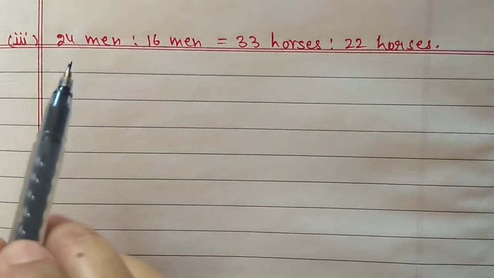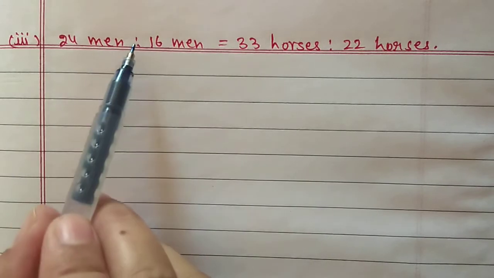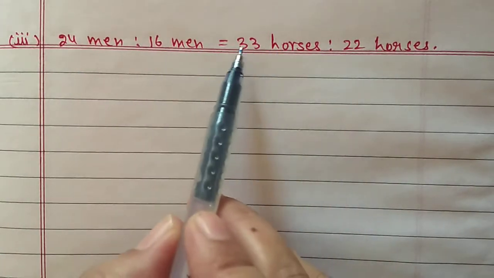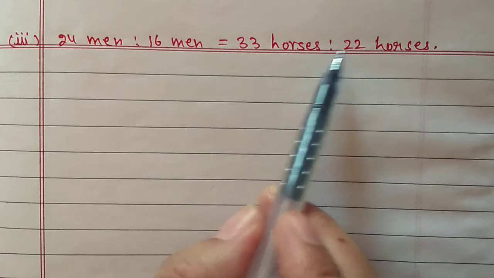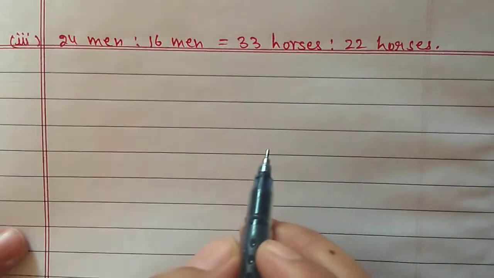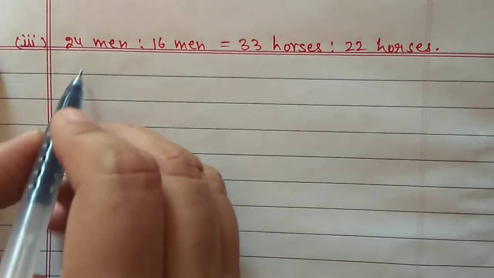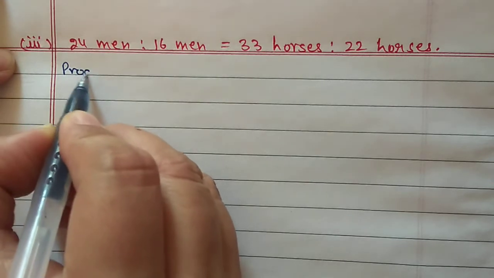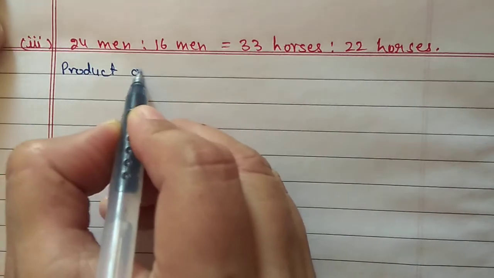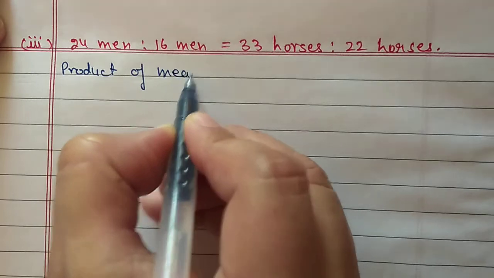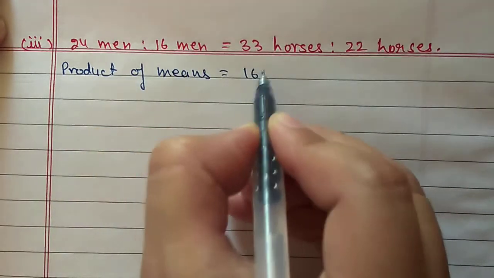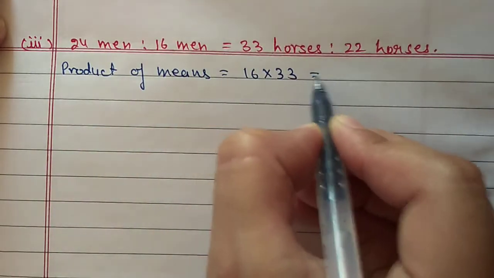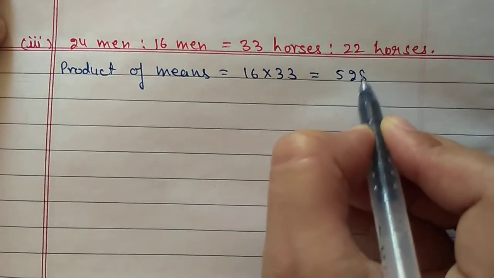Third part, proportion is given: 24 men ratio 16 men equal to 33 horses ratio 22 horses. So first we will find out the product of means and product of extremes. 16 into 33 we will get 528.